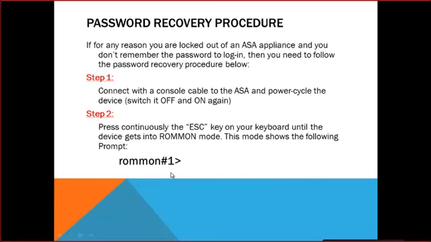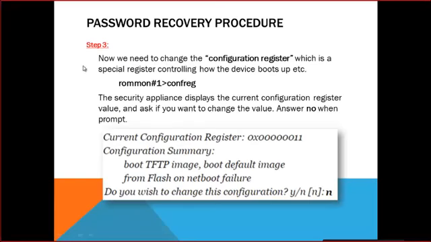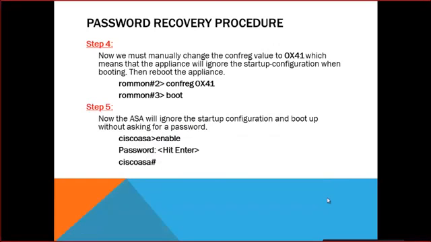Now, from here, you need to type config register. When you type config register, you will see the current registry value. It will show you the summary, and it will ask you, do you wish to change the configuration? Simply say no, and then you type this command: config reg 0x41.